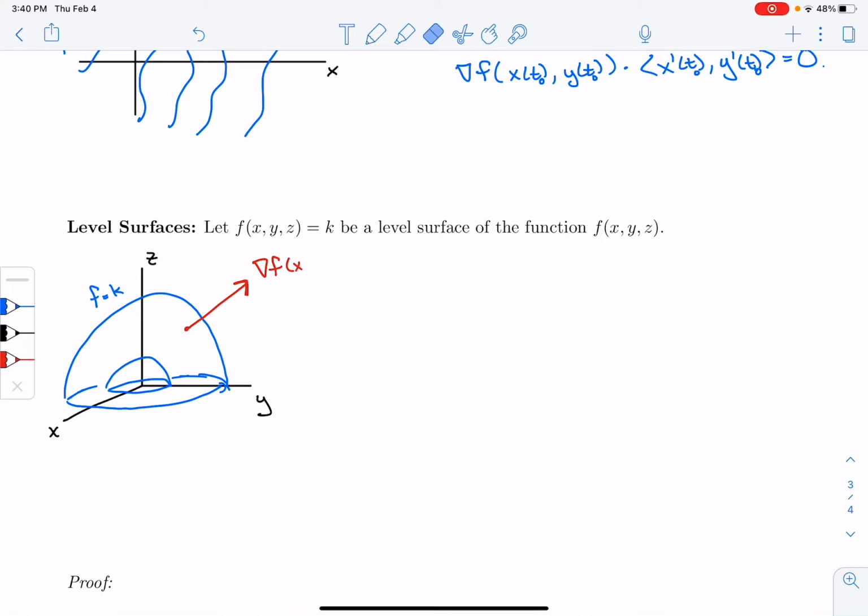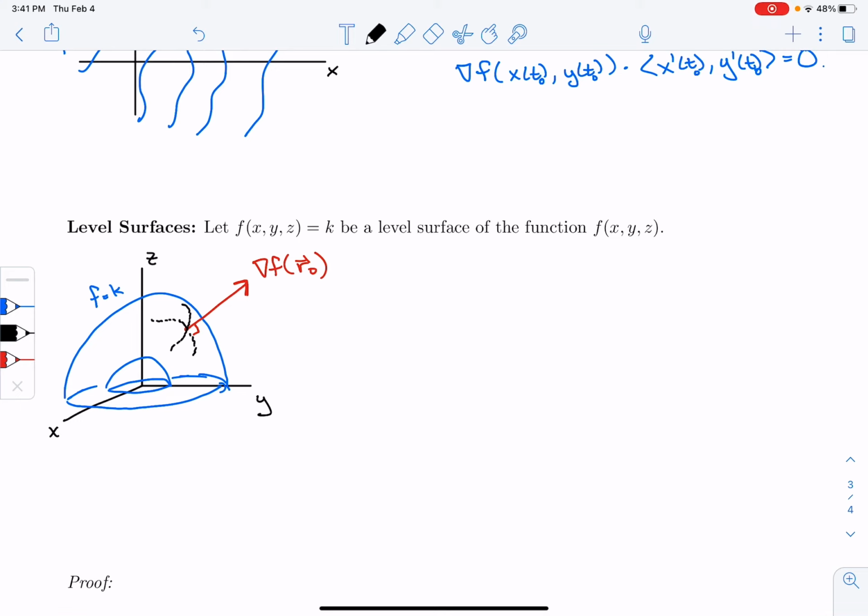Now, why is it going to be perpendicular to the entire surface? Because what we said is that the gradient would be perpendicular to a curve. So it will be perpendicular to a curve because we can just put a curve on the surface, and that gradient is going to be perpendicular to that curve. Or we can put another curve on the surface, and then the gradient is going to be perpendicular to that curve.